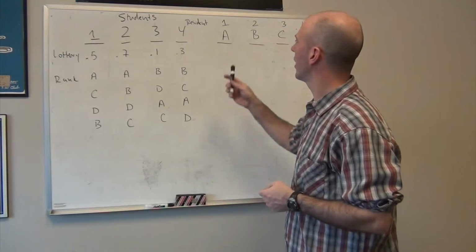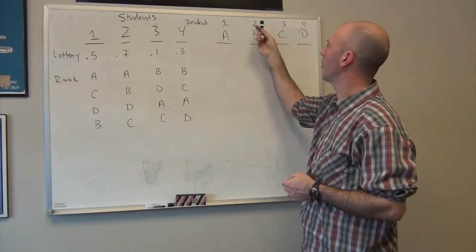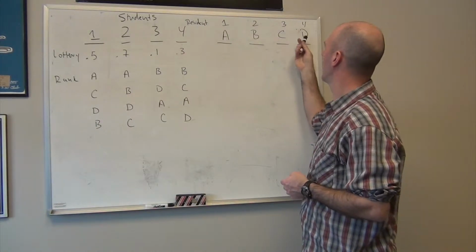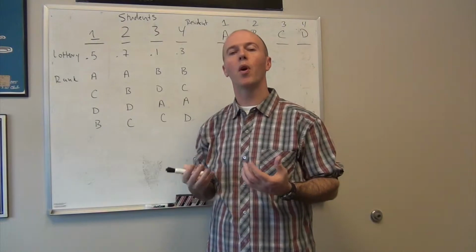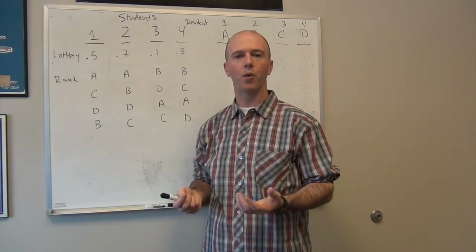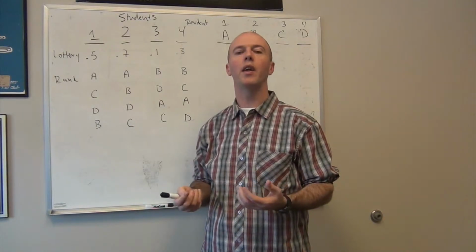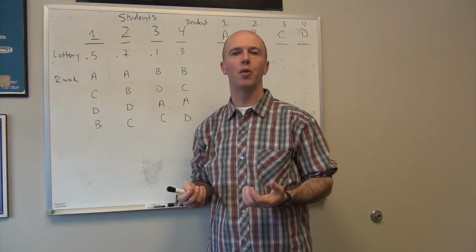In this particular example, the neighborhood student of A is 1, the neighborhood student of B is 2, the neighborhood student of C is 3, and the neighborhood student of D is 4. So the neighborhood student always has the highest priority. Second, we look at who ranks the school the highest, and finally, if 2 students rank the school the same, we'll use a random tiebreaker to determine who's higher.